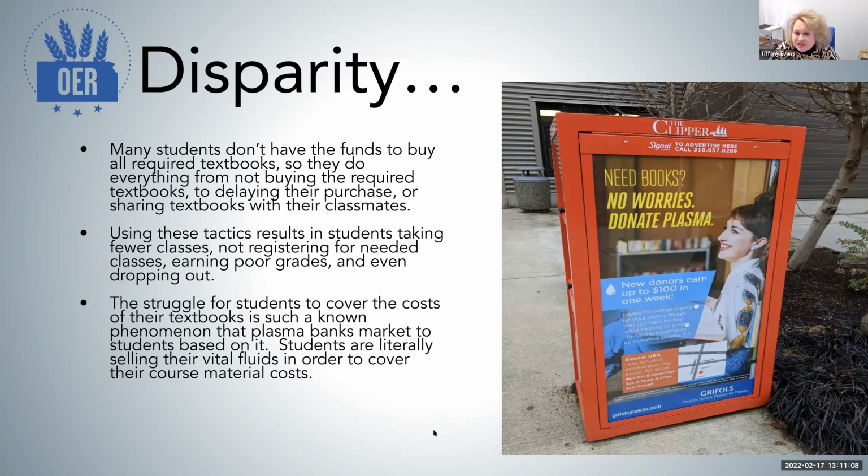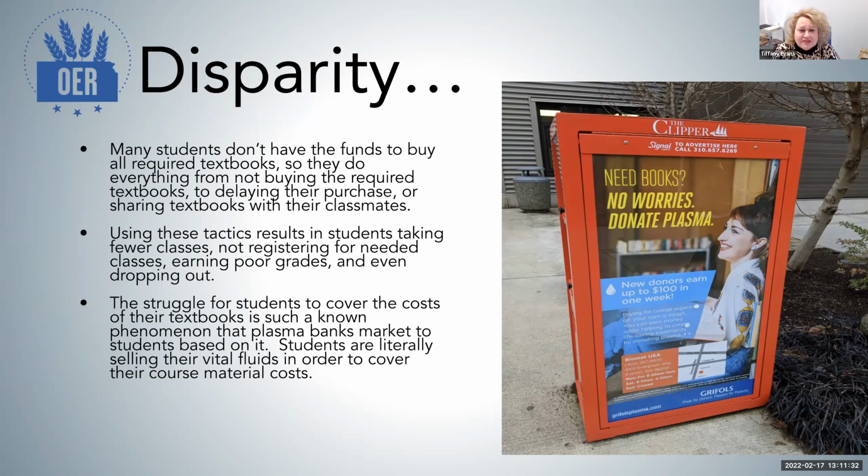They are not registering for the courses that they need. And in the most dramatic cases, they're dropping out. And that's something that we can't afford for our students to do. It's too important for all of us to keep an educated community turning into an educated workforce.